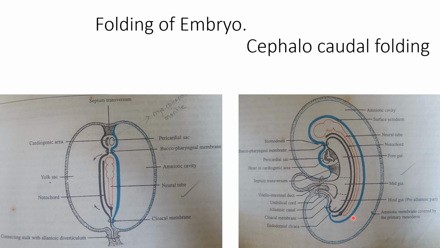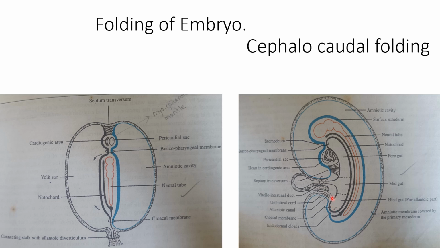Now let us see the tail fold. Okay, so with the tail fold, the part of the primitive gut which is incorporated within the tail fold is known as hindgut. So we have the hindgut, then the connecting stalk and allantoenteric diverticulum. Now with the formation of tail fold it will lie to the ventral aspect.